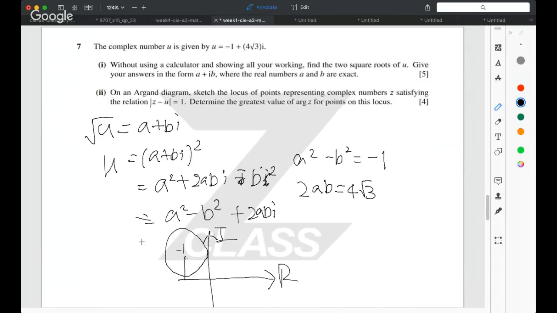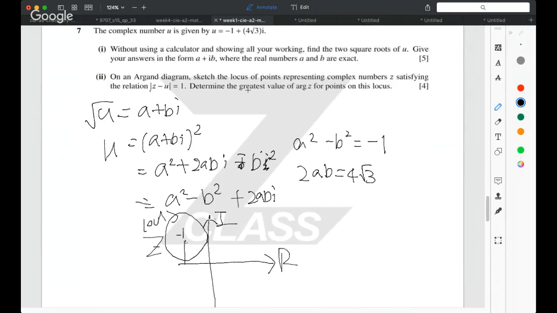So this circle is the locus of that. The next part of the question asks you to determine the greatest value of the argument of z.